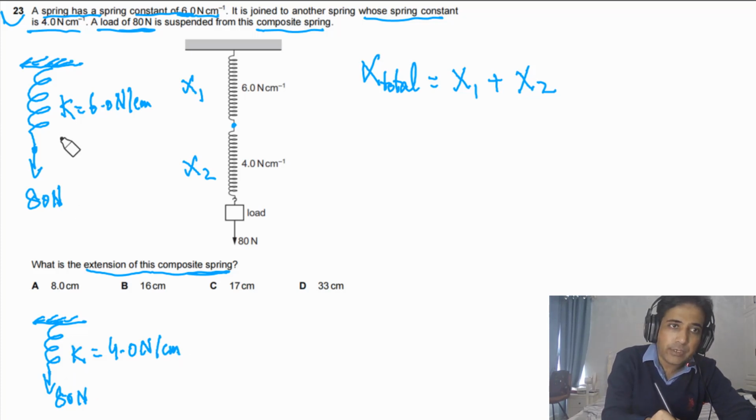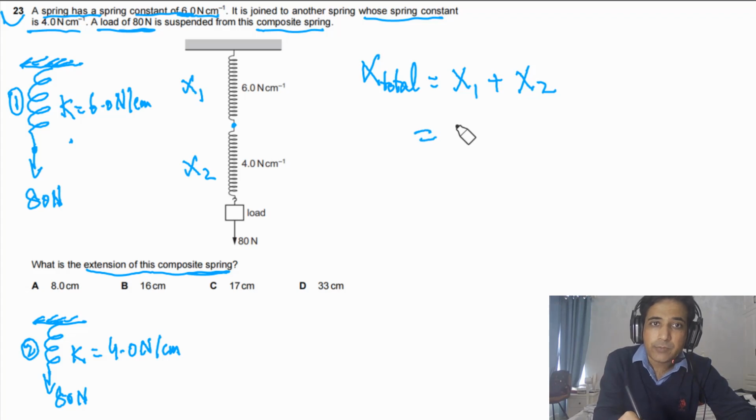So we can calculate the extension of this one. This is spring 1 and this one is the second spring. The extension of the first will be x1, so x1 will be equal to force divided by spring constant, that is 80 newtons divided by 6.0 newtons per centimeter.